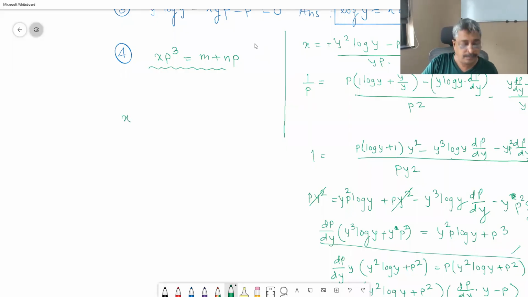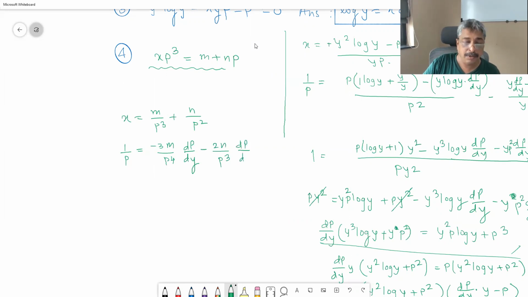X is equal to m upon p cube plus n upon p square. Okay, so 1 upon p is equal to minus 3m upon p fourth dp by dy minus 2n upon p cube dp by dy.